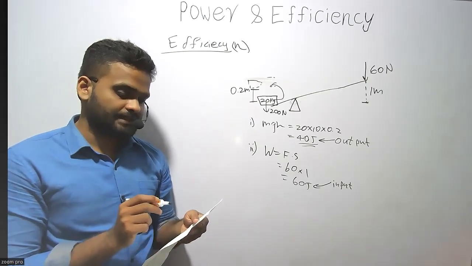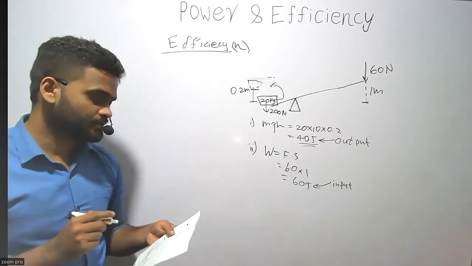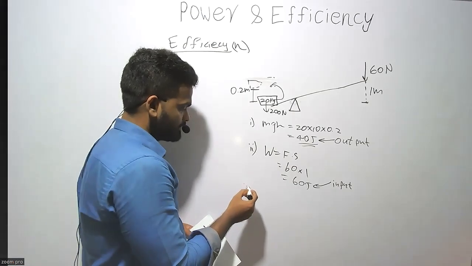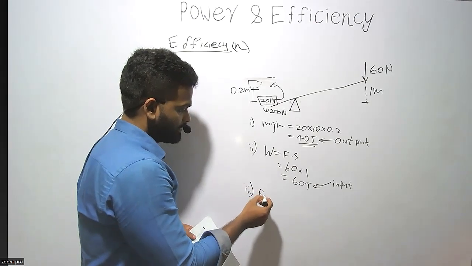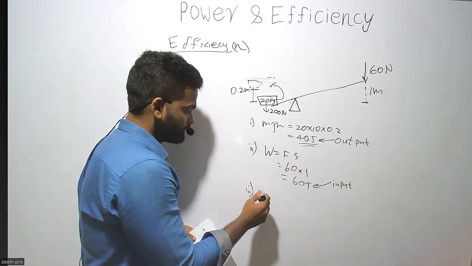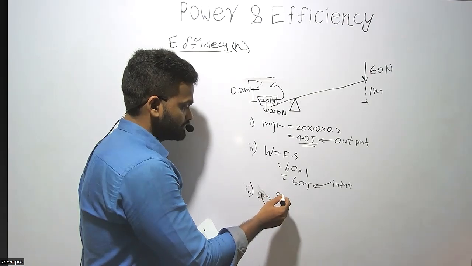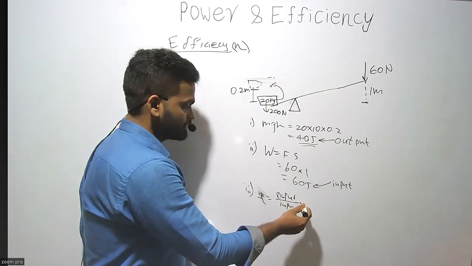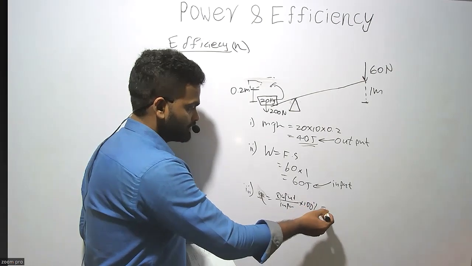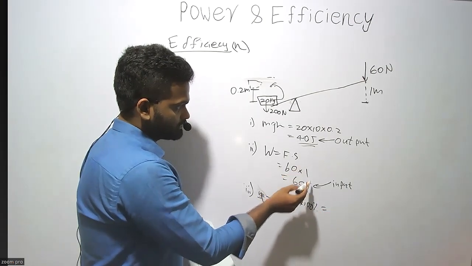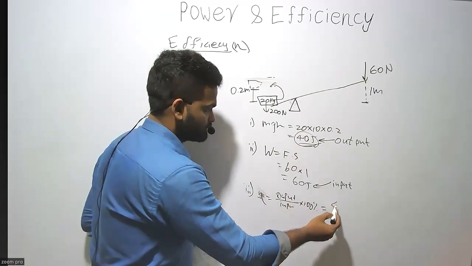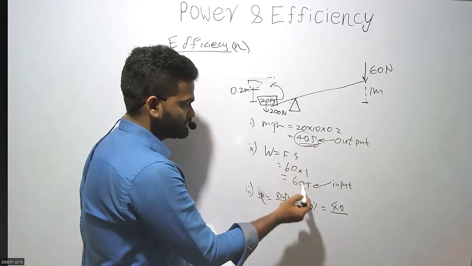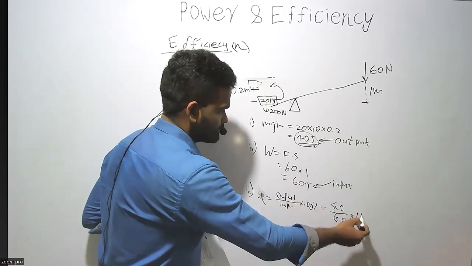Then at the third part, they ask the efficiency of the lever. So what is the efficiency? Let's say eta. Eta is output divided by input times 100%. The output is 40 joule. Input is 60, times 100%.